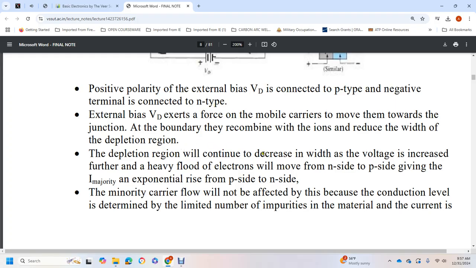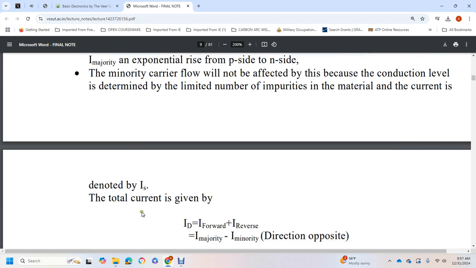The depletion region continues to decrease as the voltage is increased, with a heavy flood of electrons moving from the negative side to the positive side, giving an exponential rise in the majority current. The minority carrier flow is not affected because the level is determined by the limited number of impurities in the material, and that current is denoted as the saturation current.